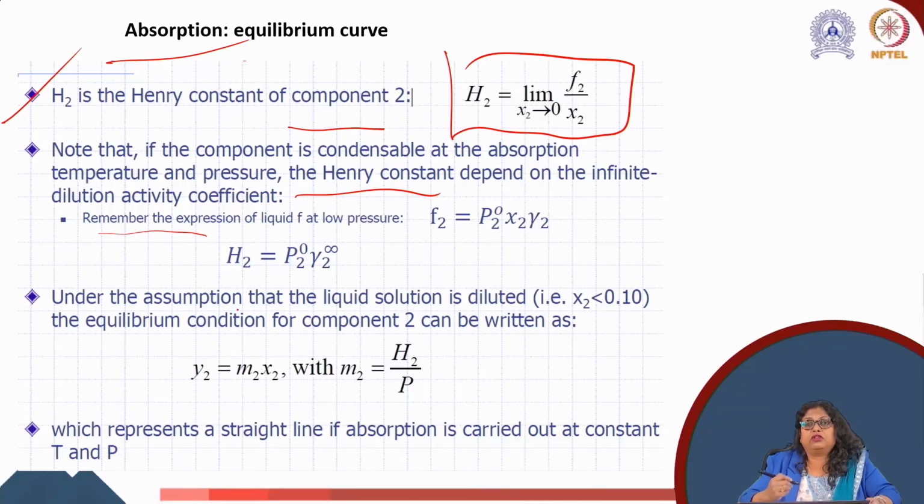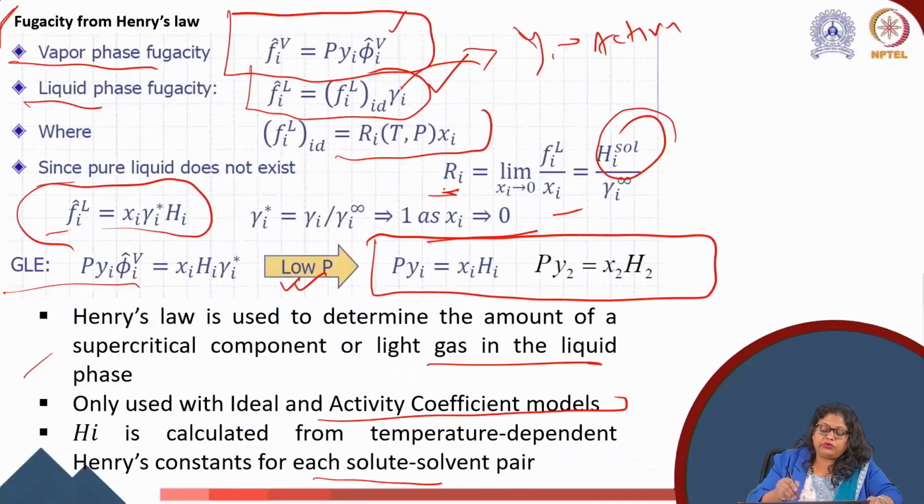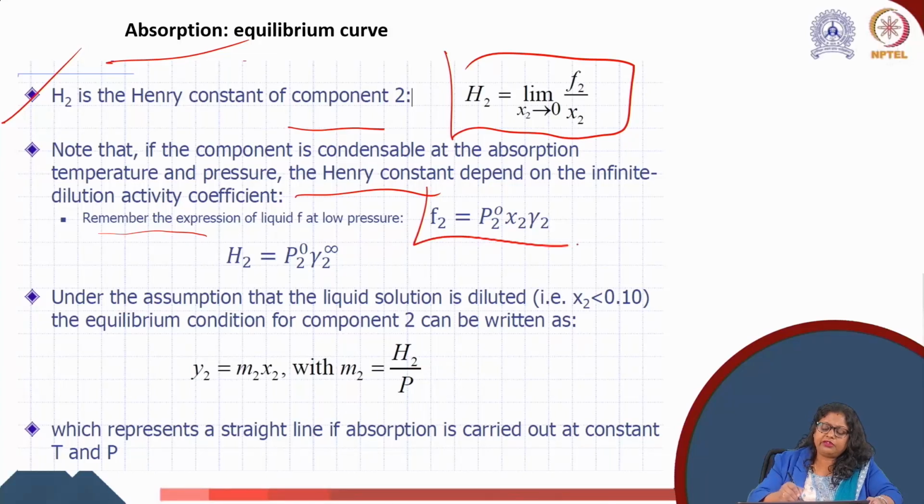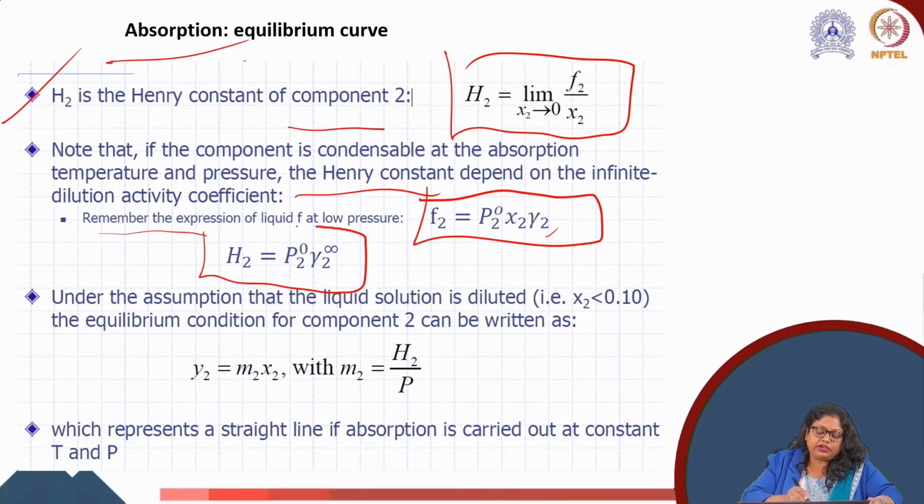Remember the expression of a liquid F at low pressure. What we had was the liquid F at low pressure, taken with respect to the pressure. So remember we have F2 is equal to P2 0 x2 activity coefficient. So how can we write that? This x2 is very low, so H2 is equal to P2 0 and then the activity coefficient.